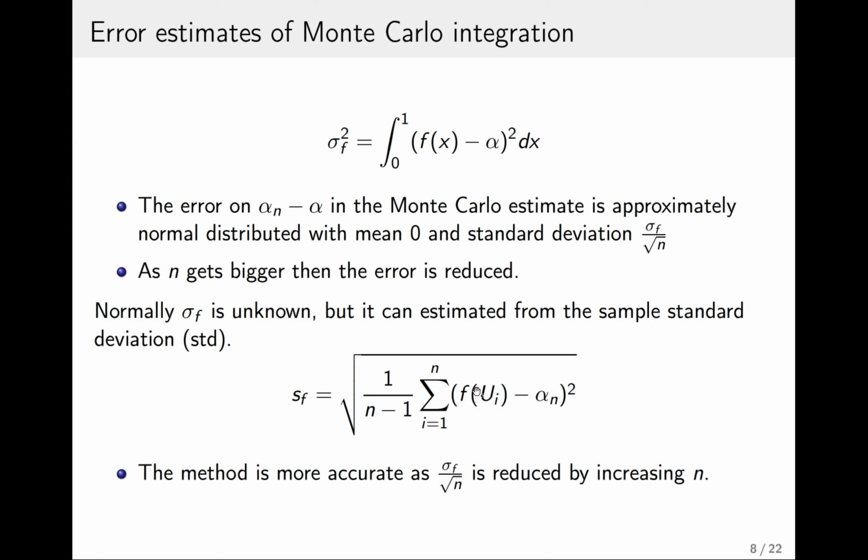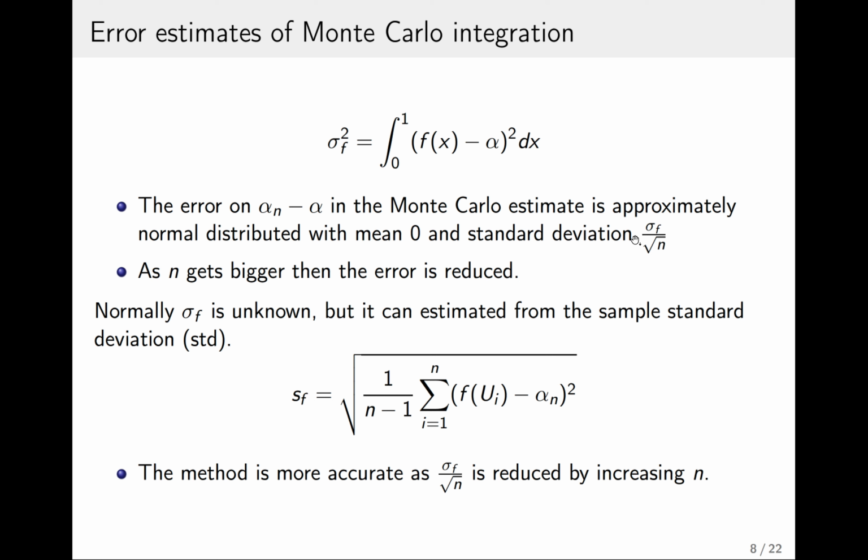You can compute the standard deviation using this formula. Essentially, you take the square of the deviation of the function values from the mean, and then, instead of averaging over n, there's a long statistical story, you divide by n minus 1. This gives you the standard deviation.